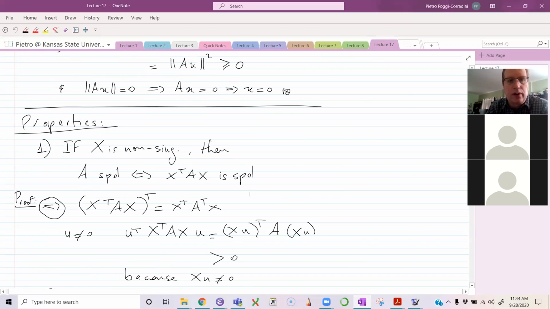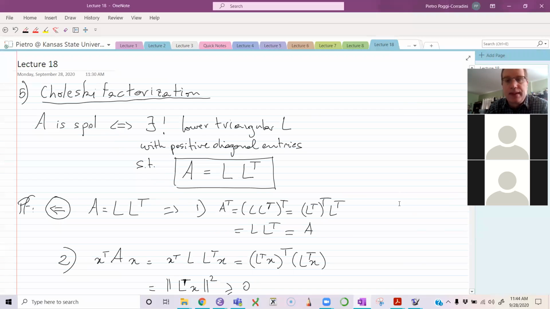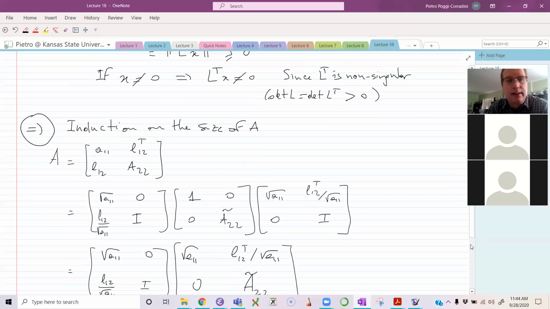All right, so that means in our context that we can think of this as X, so then you have X here and X transpose over there.